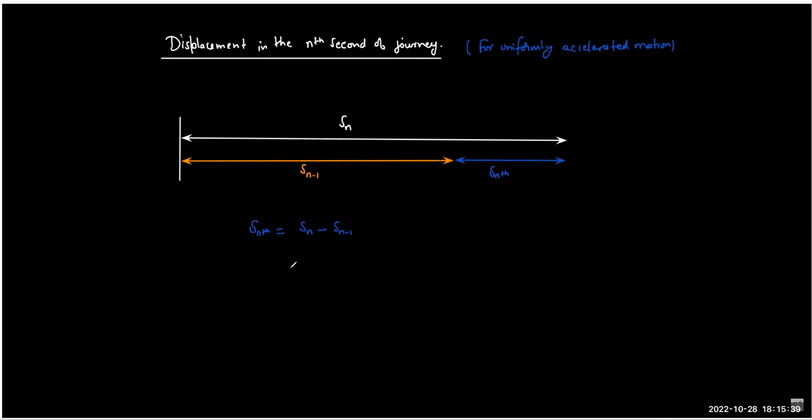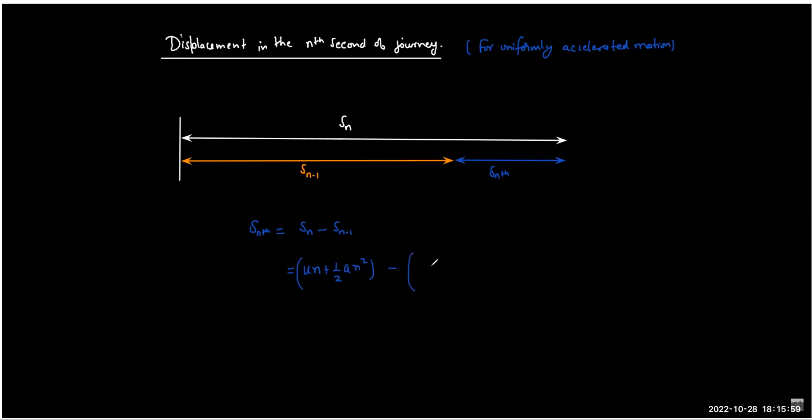So here the time is n. If you use the formula, ut plus, now t is here n, do remember, half at square. So this is the Sn.